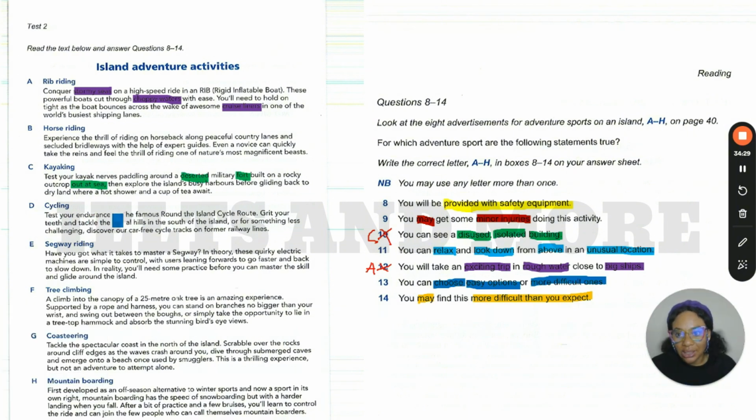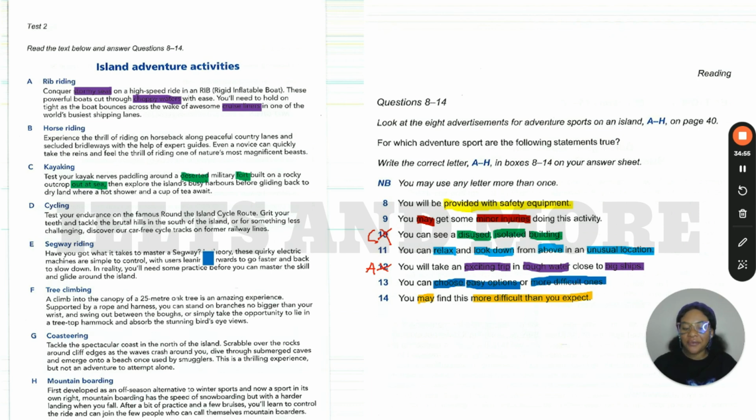Test your endurance on the famous round the island cycle route. Grit your teeth and tackle the brutal hills in the south of the island, or for something less challenging, discover our car-free cycle tracks on former railway lines.